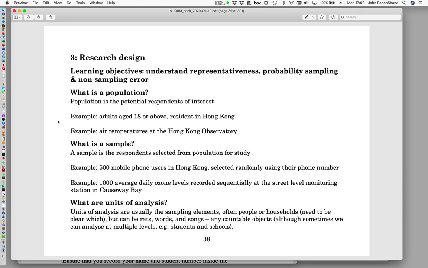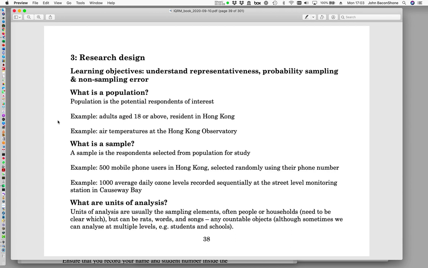Now, of course, those are very special cases. It's not going to apply to most people, but it makes it clear it's not always quite as obvious as it may appear what resident means. But it doesn't have to be about human beings. It could be air temperatures at the Hong Kong Observatory. Right, so that could be our population.